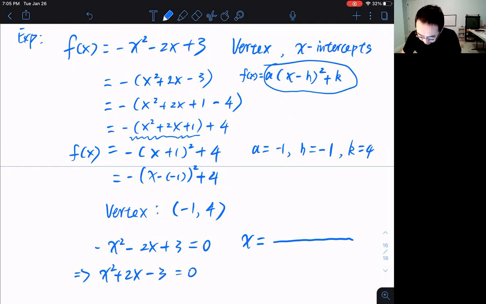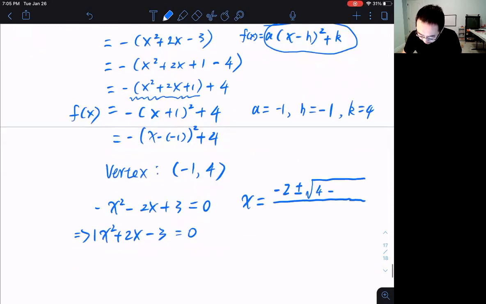So x equals negative b, which is negative 2, plus or minus the square root of b squared, which is 4, minus 4 times a and c. So a is 1 now, right? That's what a is. And so 4 times 1 is 4, and then 4 times negative 3, which is c, is negative 12, divided by 2a, which is 2.